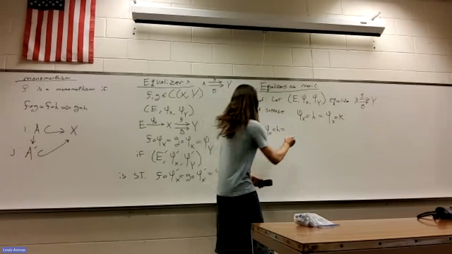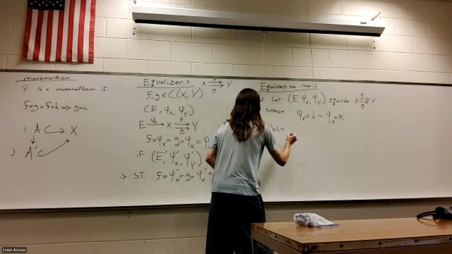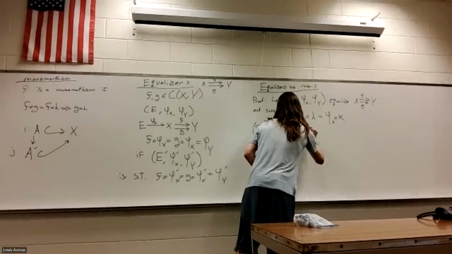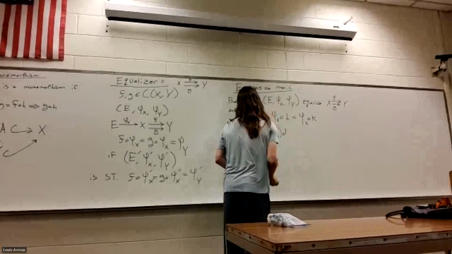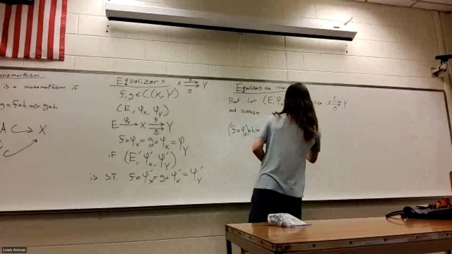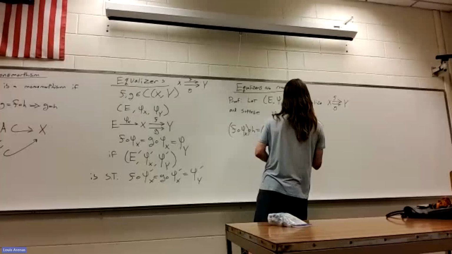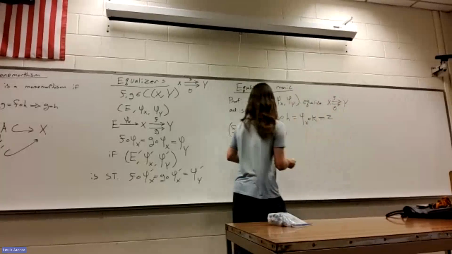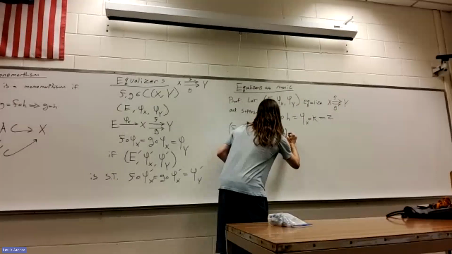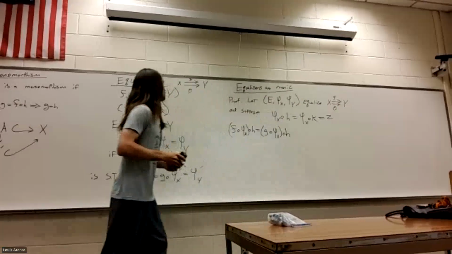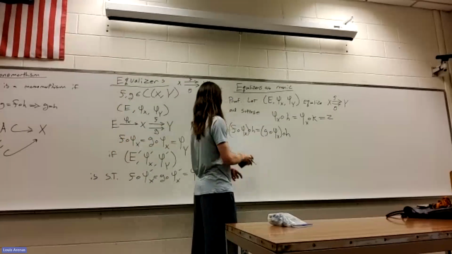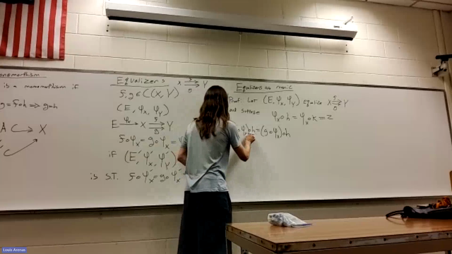This is an equalizer, so this is equal to G composed with H. It doesn't matter which of them I use. This is just by replacing this part, which I know is equal.